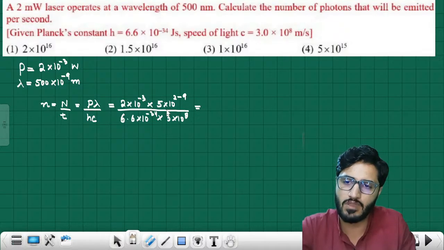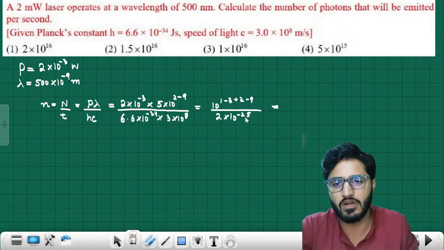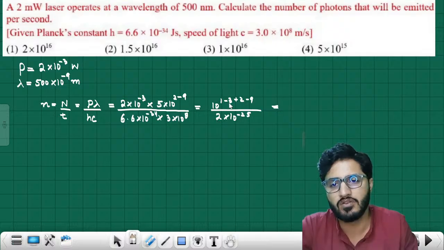Done? I can write 5 times 10. So the power is 1 minus 3 plus 2 minus 9, whole divided by this particular thing, which means 2 into 10 to the power minus 25, as per yesterday's calculation. So look now, 2 plus 1 is 3. The 3s cancel out.